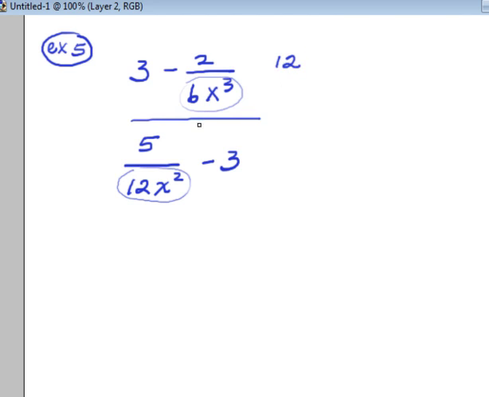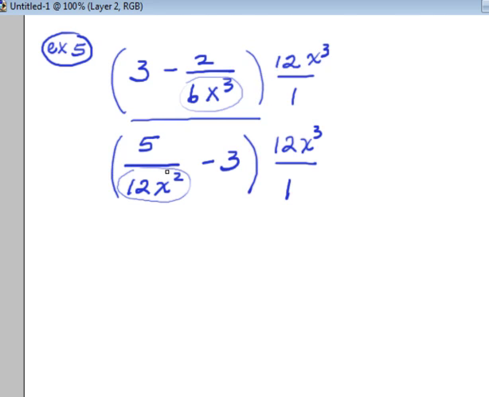So we'll multiply by 12, and for x cubed and x squared, we're going to multiply by the higher power of x, x cubed. So we want to multiply top and bottom by 12x cubed over 1, so that these denominators will cancel out when we multiply through.